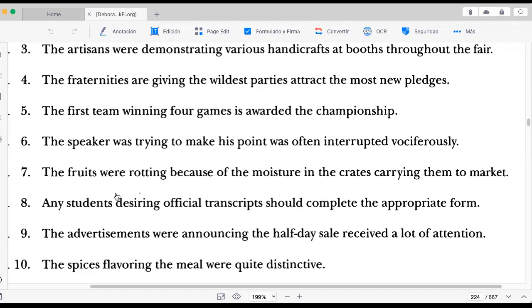Desiring here is an adjective, okay? And complete, is it a verb? I think it's not a verb. So we're missing the verb.